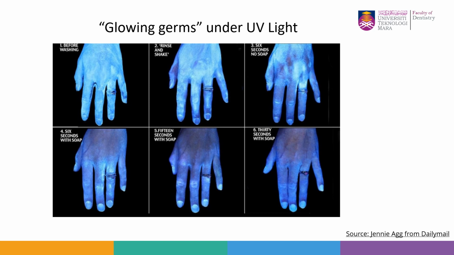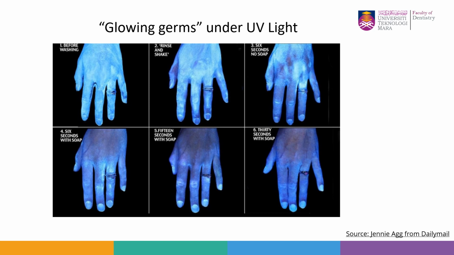So we wanted to know whether the washing technique that we use would eradicate the powder, which depicts the germs, okay? So let's look at the top left diagram, before washing. You can see under the UV light, it shows a bright blue light. So that means the powder is still on the hand.